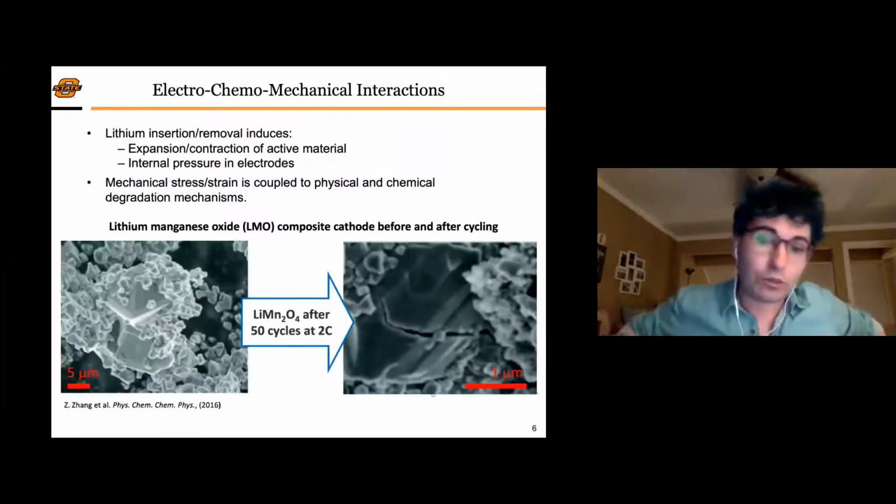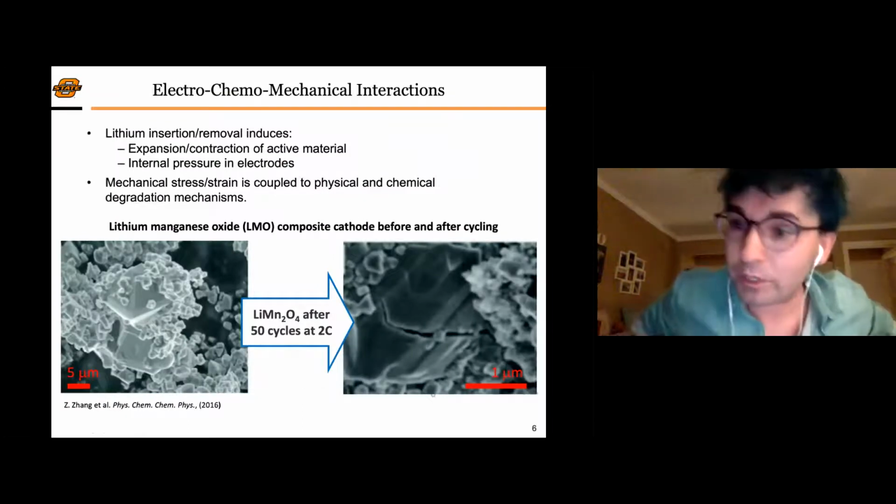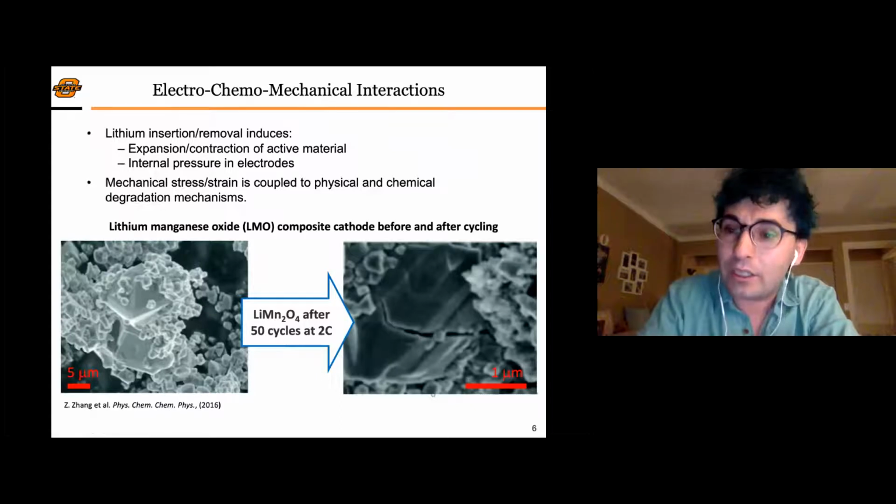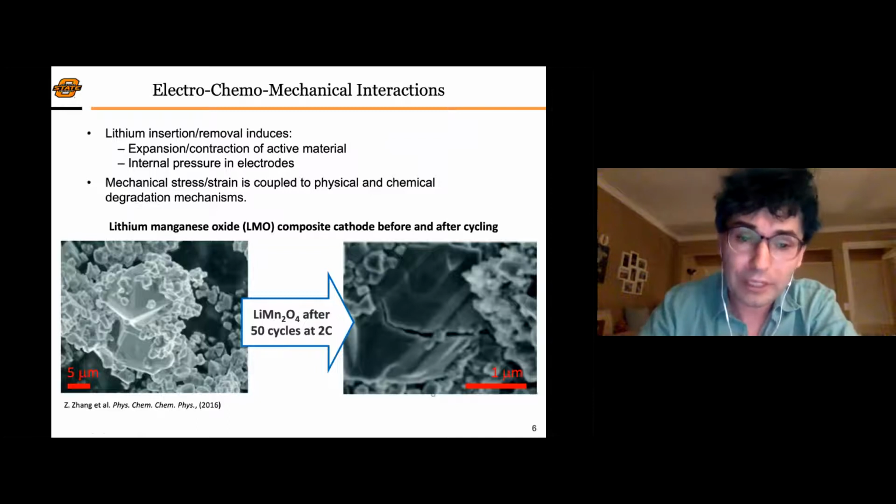These insertions inevitably, as I mentioned, cause expansion in the material, but in real environments, your electrodes are constrained. So this expansion introduces stress generation, and also there is internal pressure on the electrodes. In this figure, the left one is a pristine lithium manganese oxide, and the right one is after 50 cycles at relatively higher scan rates, where you can observe cracking.